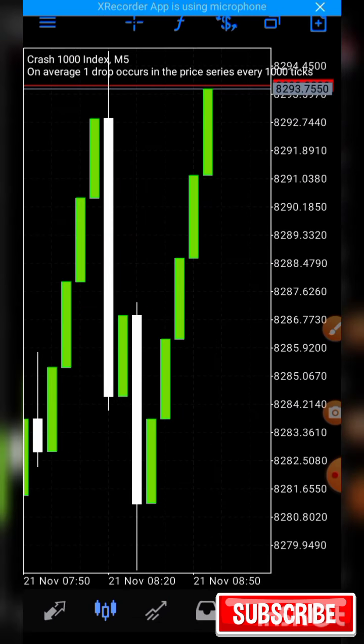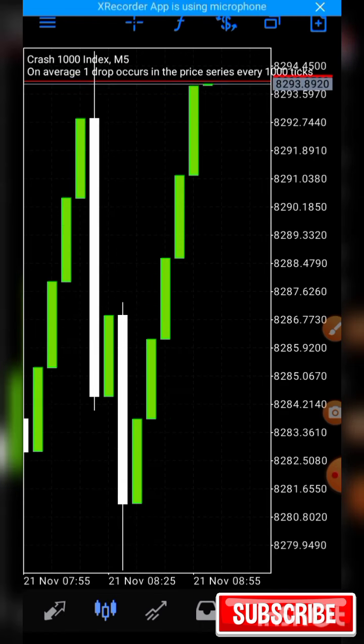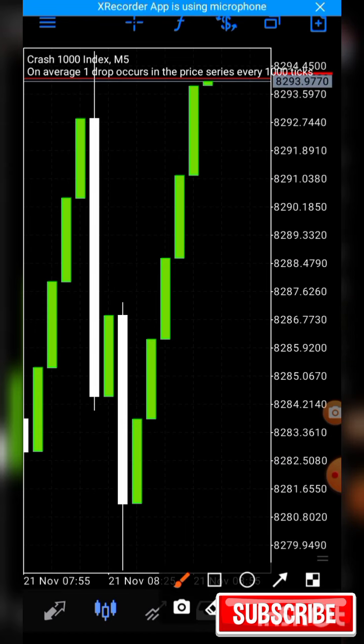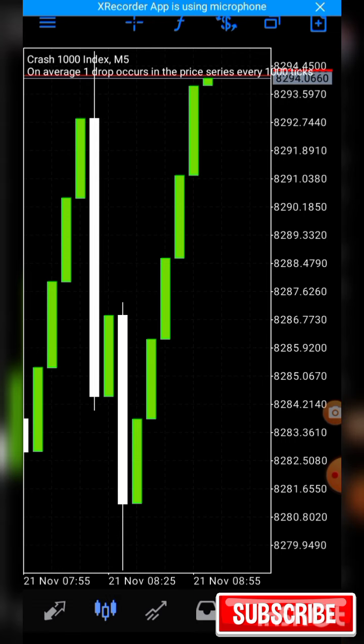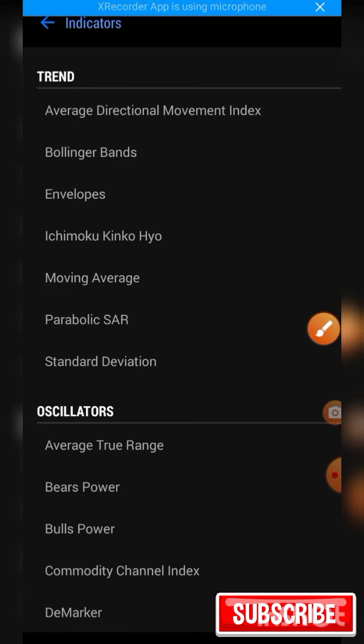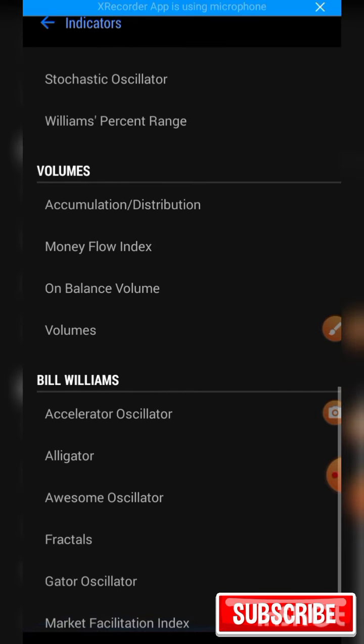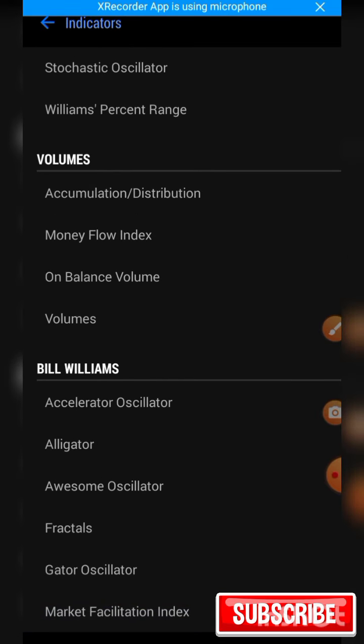Let's begin. First of all, I will add the indicators to my chart. It's only 2 indicators I'm using. If you don't know how to add indicators to your chart, pay attention. For you to add indicators, click on this sign here. When you click that sign, you see this sign, click it, then go down to Bill Williams indicators, and you will see accelerator oscillator.